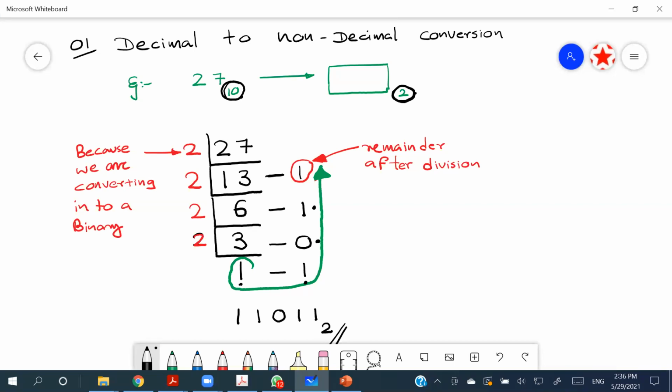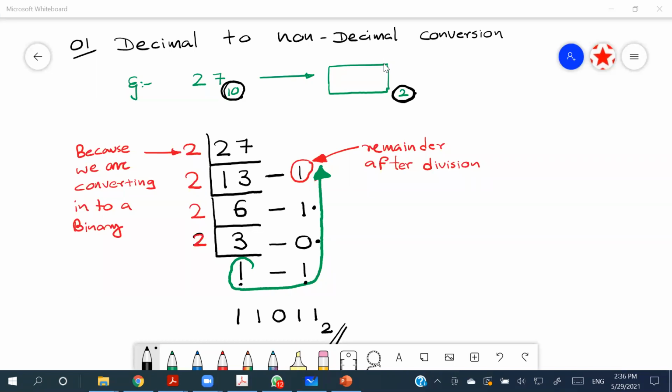So under the decimal to non-decimal conversion, since we are converting to binary, we take the decimal value, which is 27, and divide it by the base that we are going to convert into, right? Because of that, we divide it by 2. How far are we going to divide it by 2?